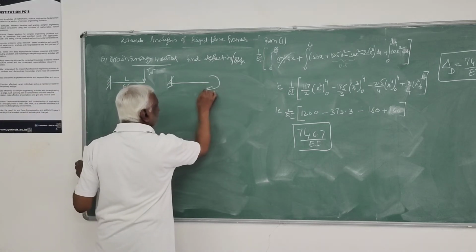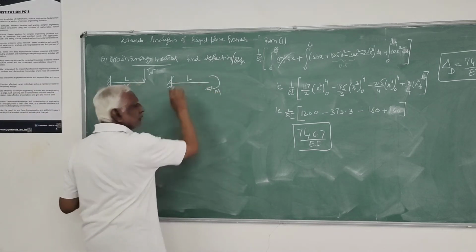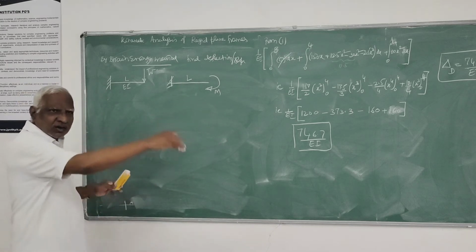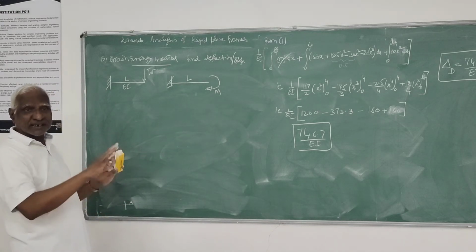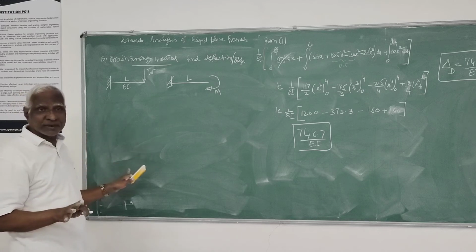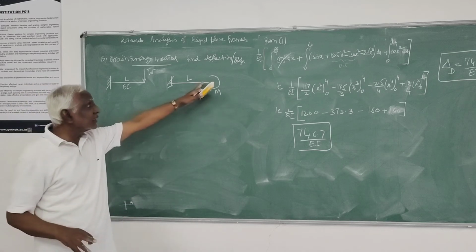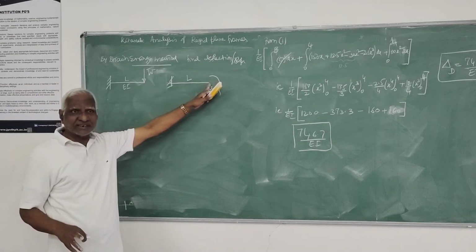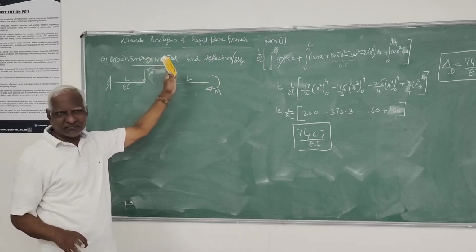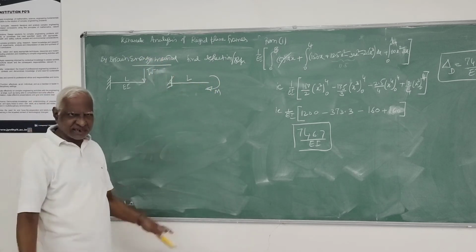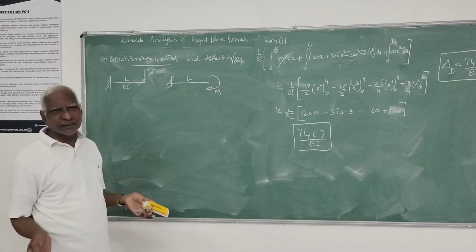Here I will give you a moment M, so the deformation is slope, only slope to be determined. No deflection. If they want the deflection here, then you cannot do it by this method. You have to go for either the strain energy Castigliano theorem or unit load.